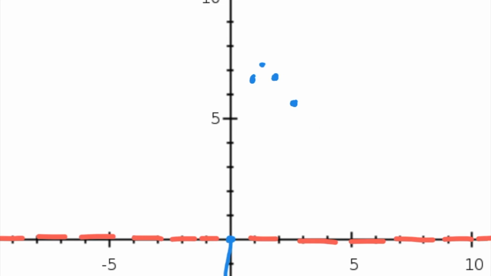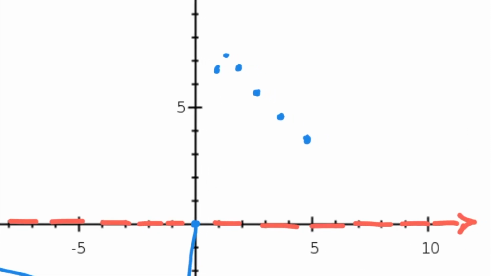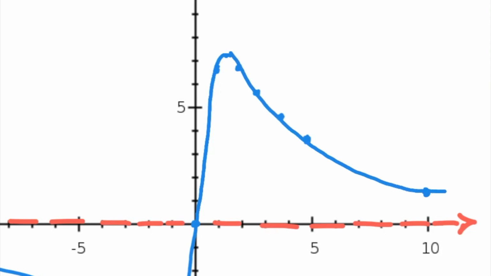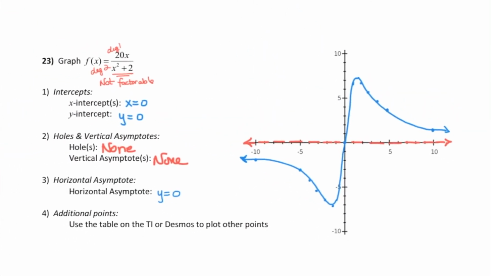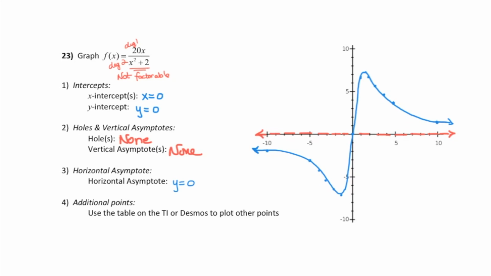Positive 4, 4.4, positive 5, 3.7, and again at 10, it's going to be about positive 1.96. And so on the right side of the graph, it's going to come up like this and come down and out like that. So the graph should look like that.